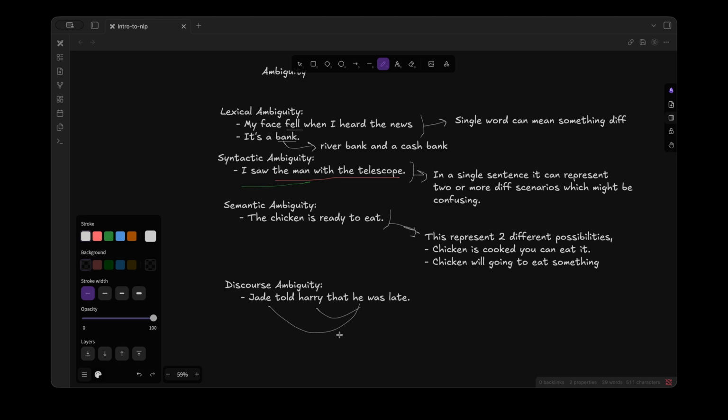Say there is a third person who might be late, and Jade was talking about that person, or Jade is telling Harry that he came late to a party or something like that. We have no idea whom "he" refers to. So this particular thing is called discourse ambiguity. Got it?